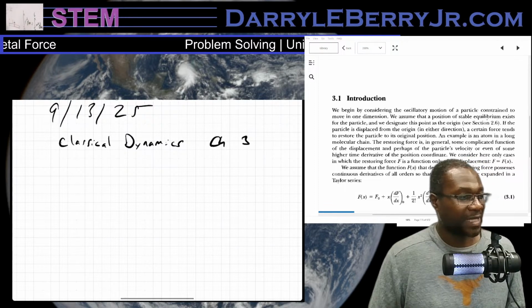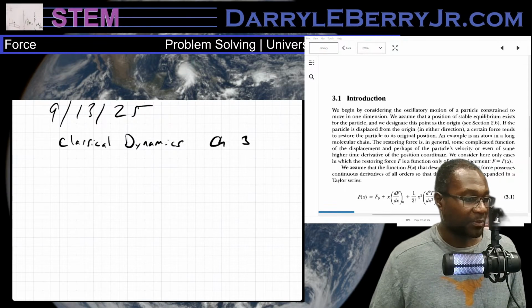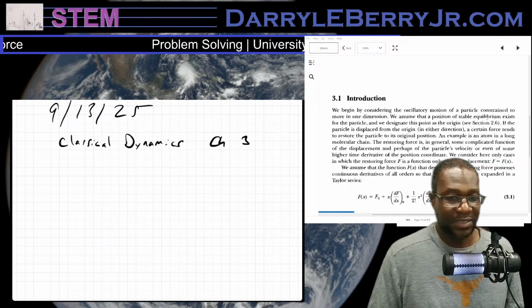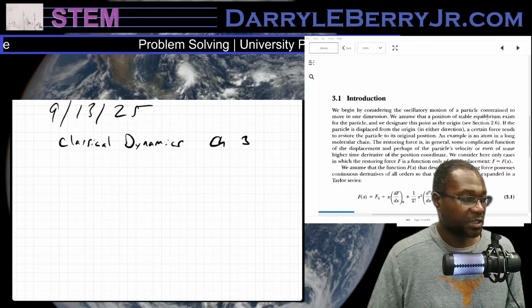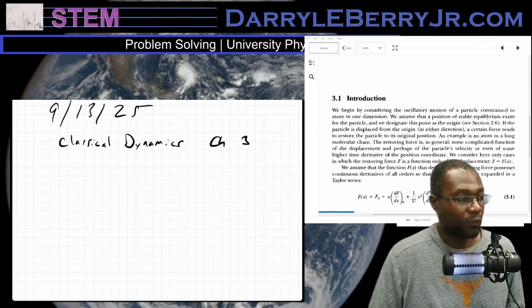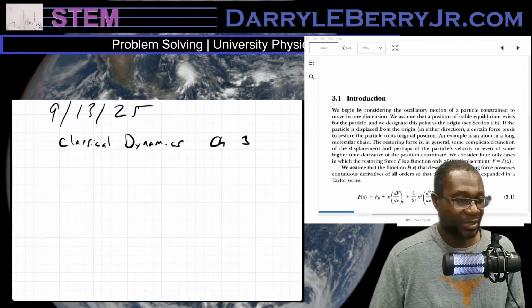We begin by considering the oscillatory motion of a particle constrained to move in one dimension. We assume that a position of stable equilibrium exists for a particle, and we designate this point as the origin. If the particle is displaced from the origin, in either direction, a certain force tends to restore the particle to its original position. An example is an atom in a long molecular chain.